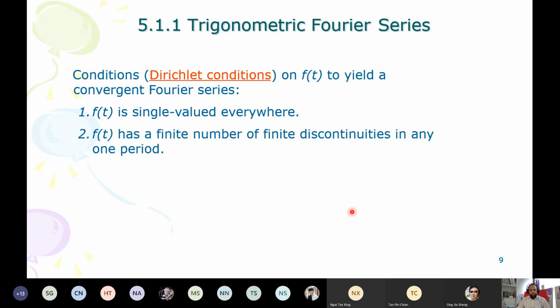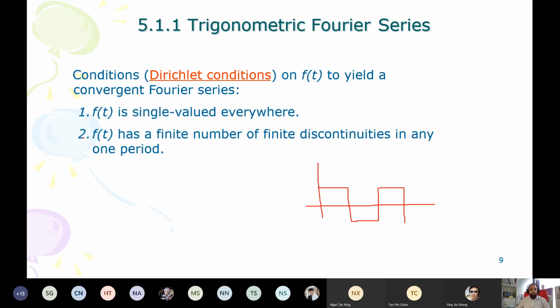Second, it has a finite number of finite discontinuities in any one period. Discontinuities are basically places where, if this is the signal and it suddenly changes, that is a discontinuity. This is a discontinuity, this is a discontinuity.